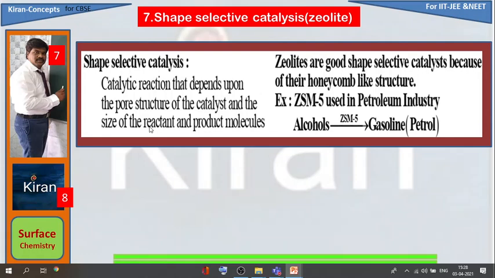Example, zeolites are good shape selective catalysts because of their honeycomb-like structure. ZSM5 is used in the petroleum industry. So based upon the structure, they are involved in catalysis reactions. Example, with ZSM5, alcohols are changed into gasoline in petrol.